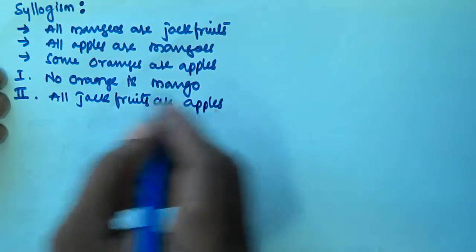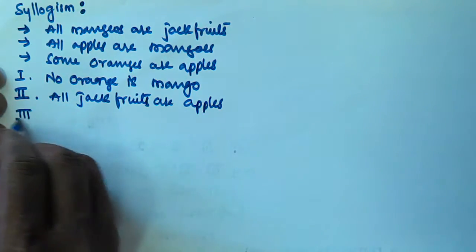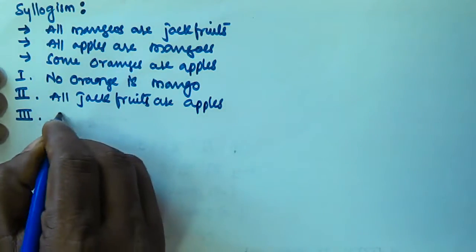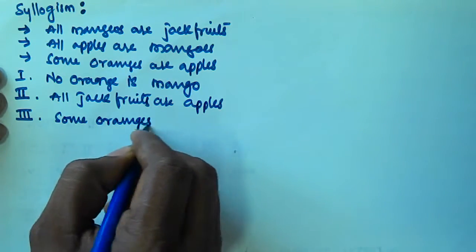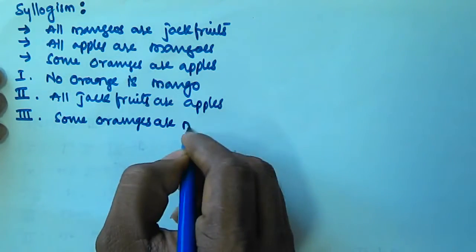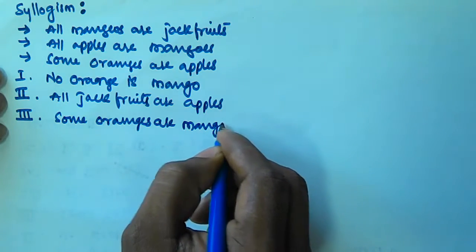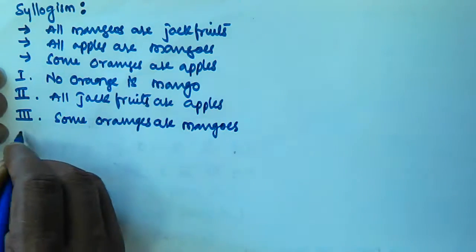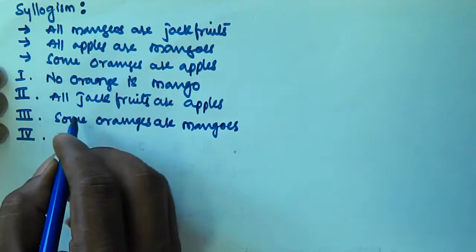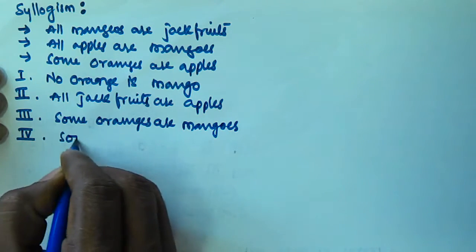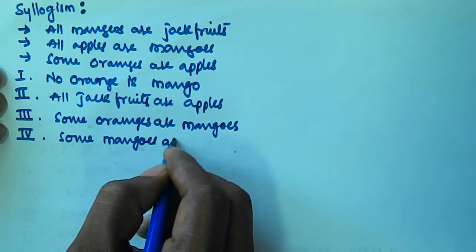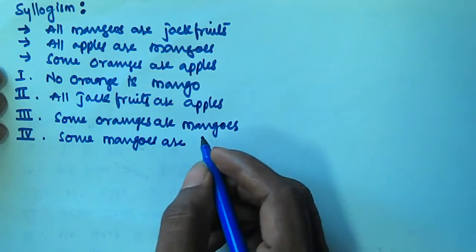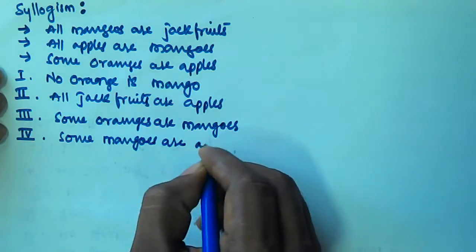The third conclusion given is some oranges are mangoes. And the fourth conclusion given is some mangoes are apples.